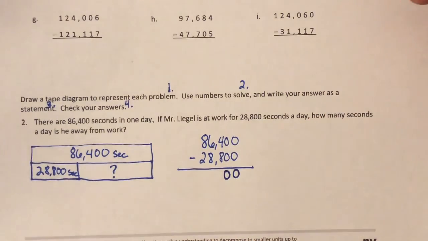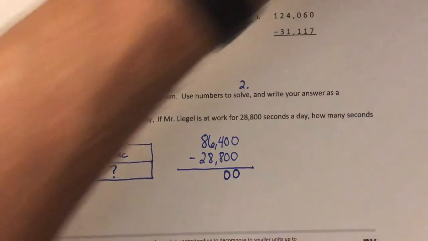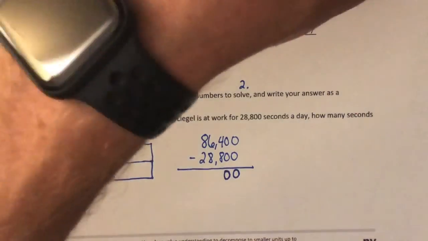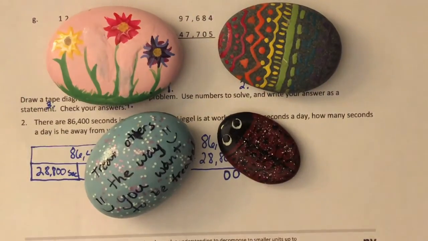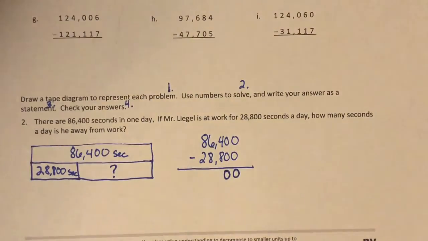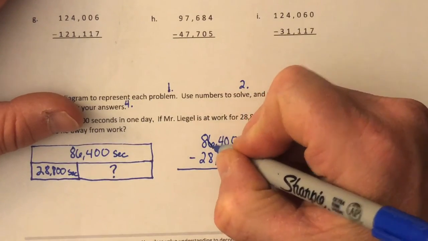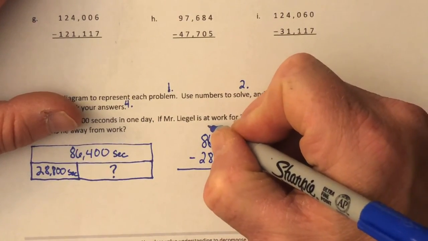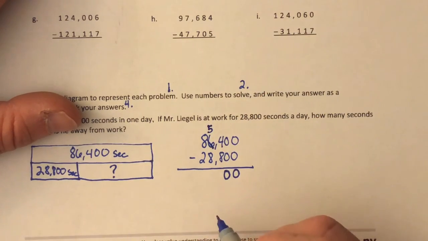A lot of us will say 4, but it's just simply not true. I can't have 4 rocks here, and I can't take 8, right? It's impossible. So what I'm going to do is borrow from the thousands place. I'm going to take this, leave 5. So cross out the 6, leave 5 thousands.